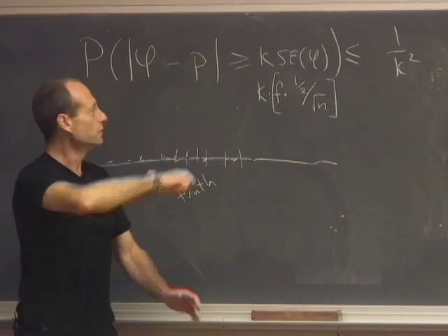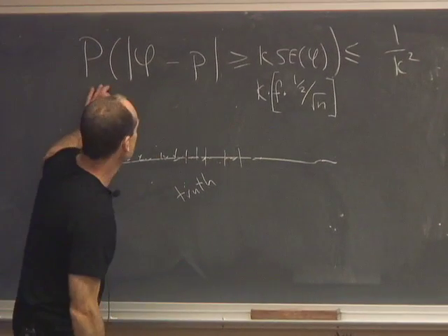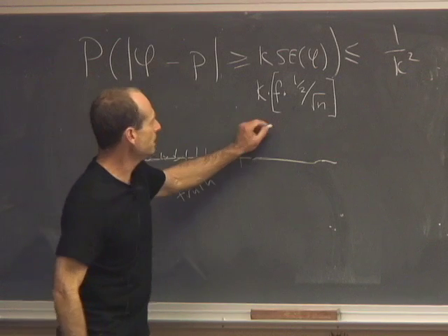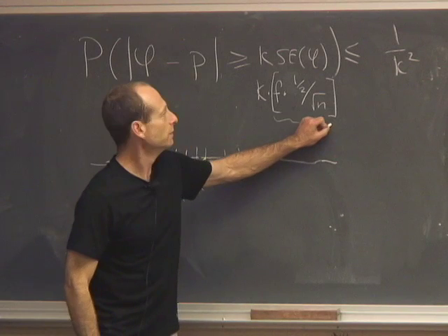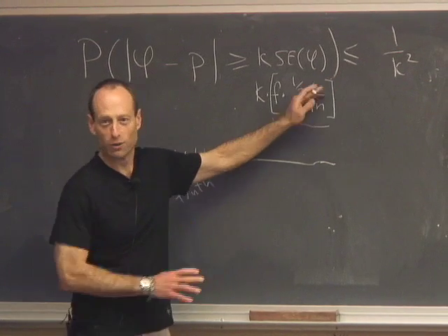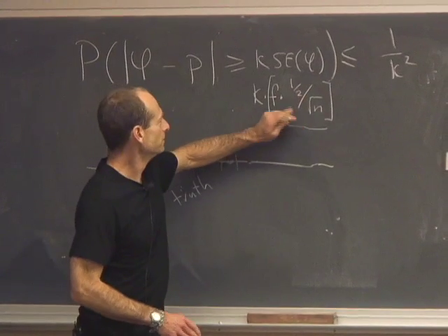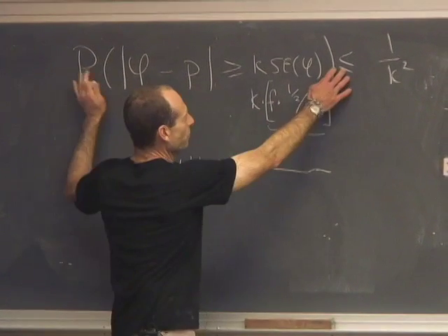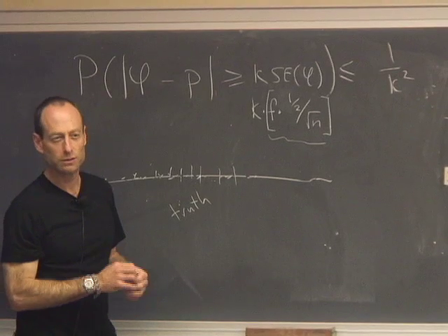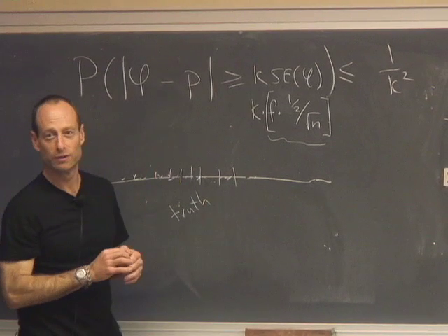So what I know is the chance that the sample percentage differs from the population percentage by more than k times this bound is also no more than 1 over k squared. In fact, probably smaller, because this was already an inequality, and this is plugging in something even bigger as the threshold. So this is very conservative.